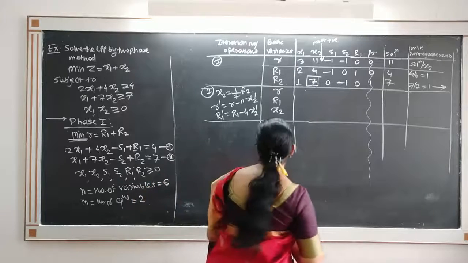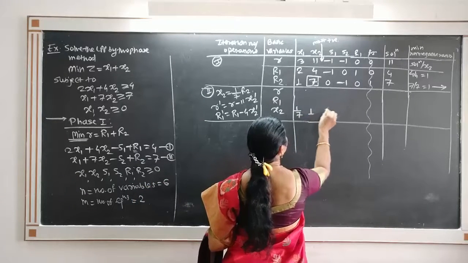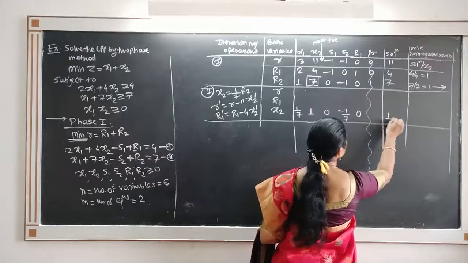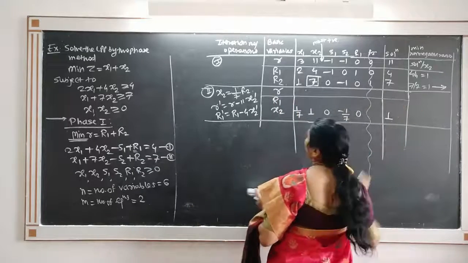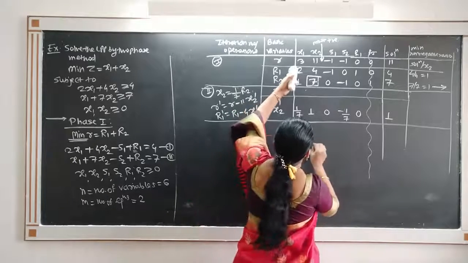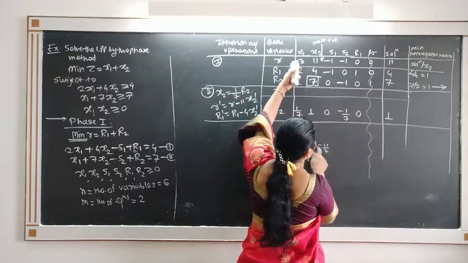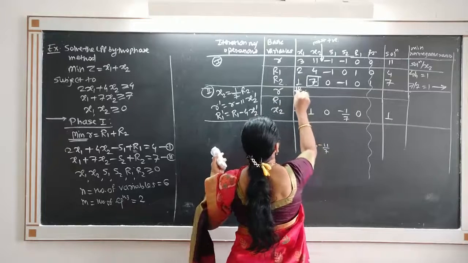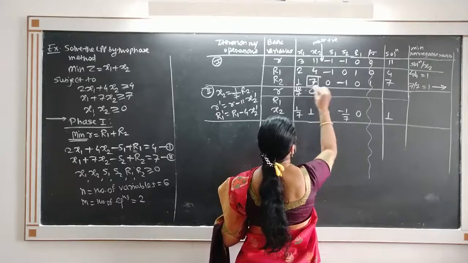So do the calculation. We are dividing by 7. So 1 by 7, 7 by 7 is 1, minus 1 by 7, 0, and 7 by 7 comes to be 1. Now do the calculation for the R row, R minus 11 times. So 3 minus 11 by 7, that is 21 minus 11, that is 10 by 7. 11 minus 11, 0.